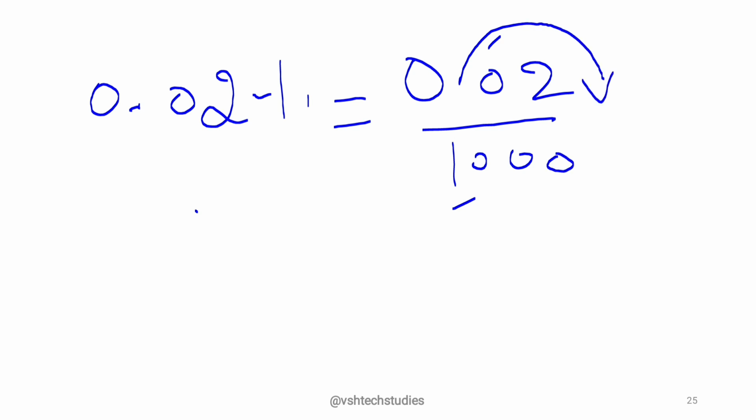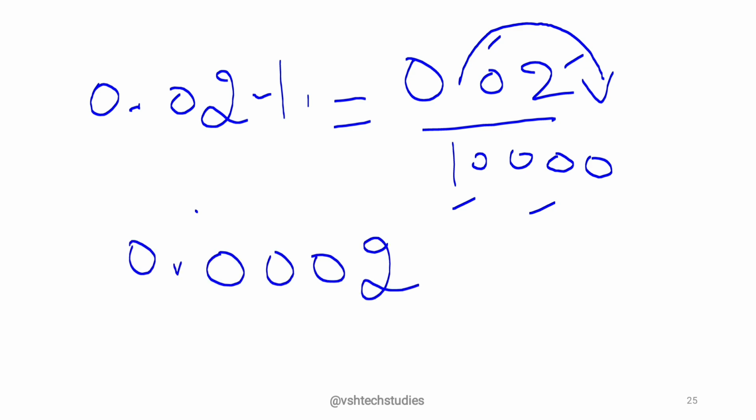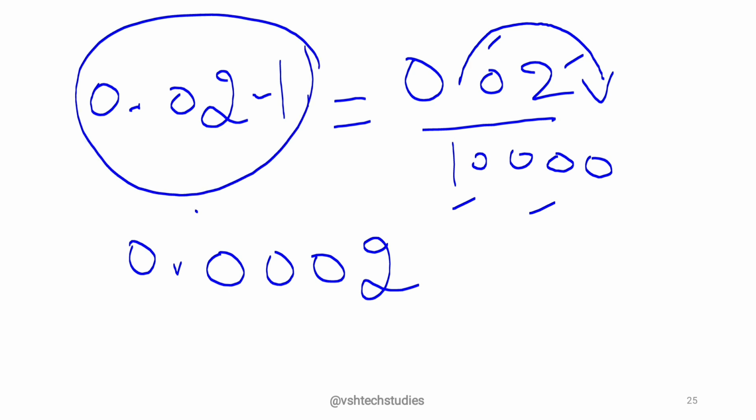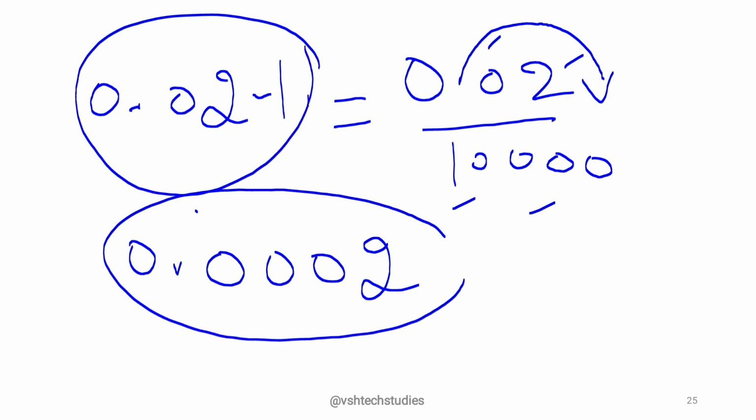Then you will have to add 2 zeros here. Then it becomes 2 by 10,000. So 4 zeros here, 3 zeros, then 2. So that is why 0.02% is equal to 0.0002 in decimal.